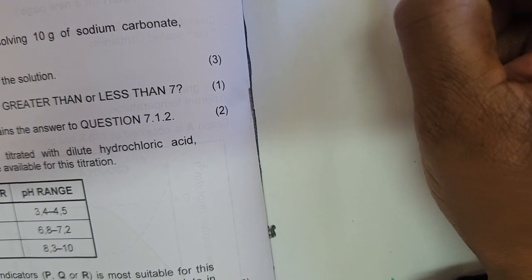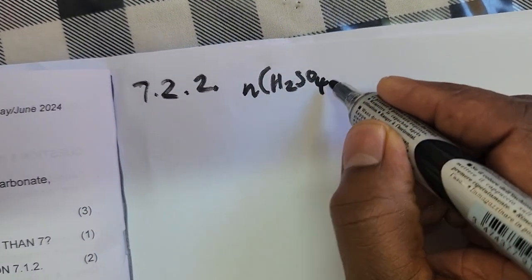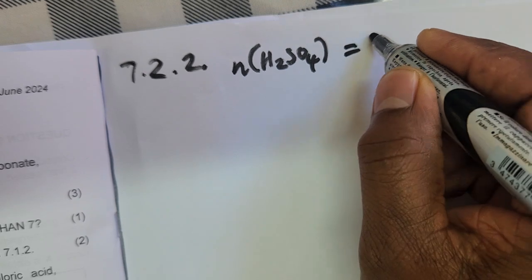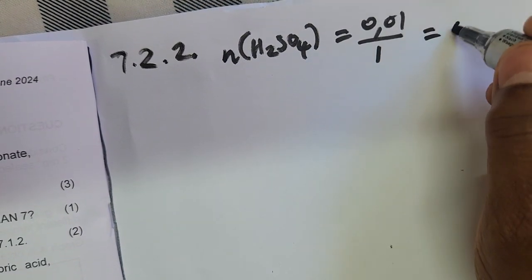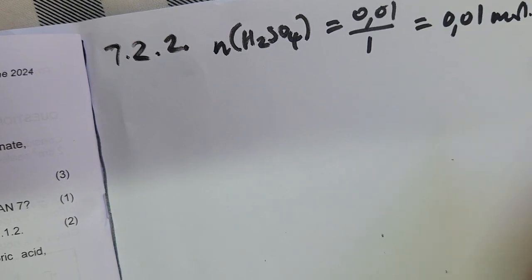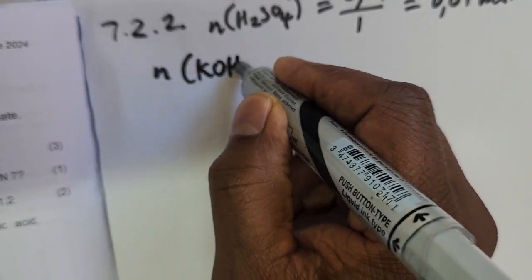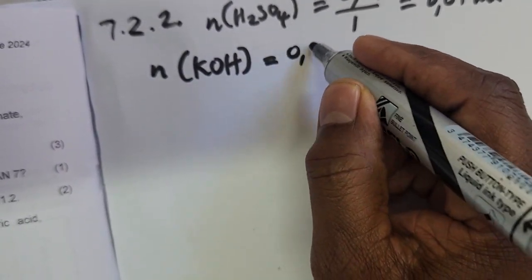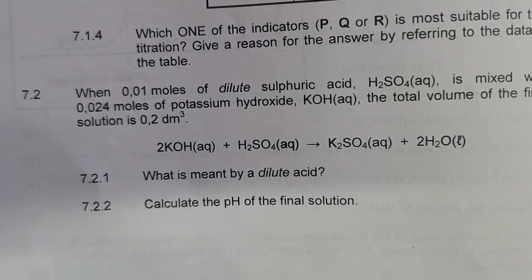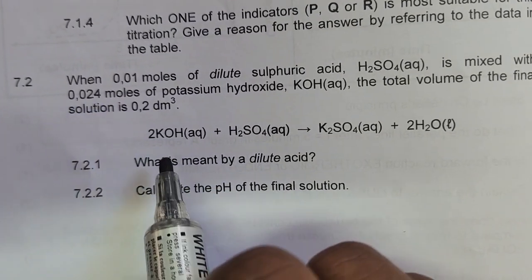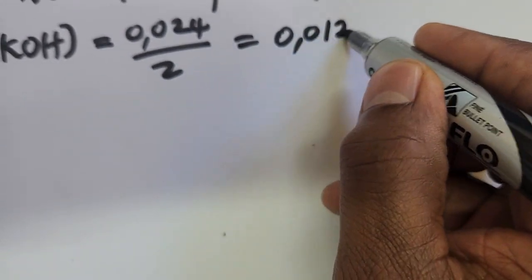Therefore, number of moles of sulfuric acid will be the same as 0.01. You divide by the mole ratio in the equation, you get 0.01 mole, whereas number of moles of potassium hydroxide will be 0.024 divided by 2. Remember, the 0.024 is given here. Divide by the 2, which is the coefficient, then we get 0.012 mole.